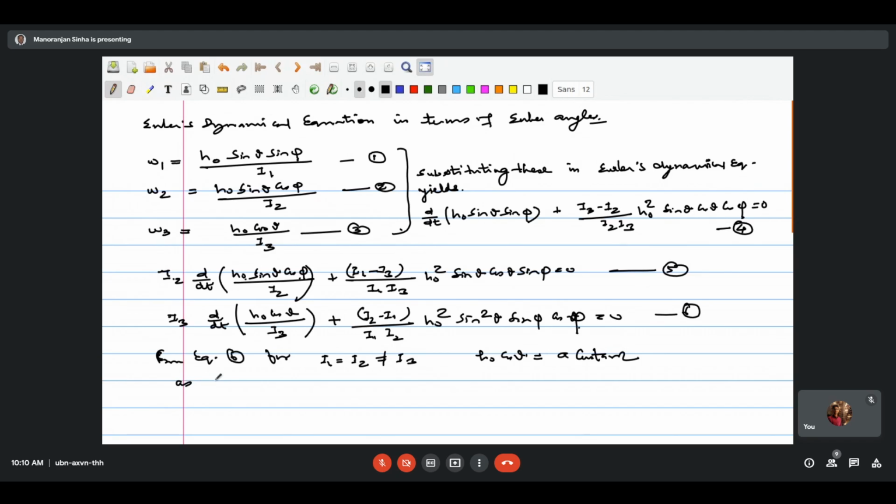As H0 is a constant because it's a torque free motion, this implies cos theta equal to a constant. This implies theta equal to theta 0 is the same.